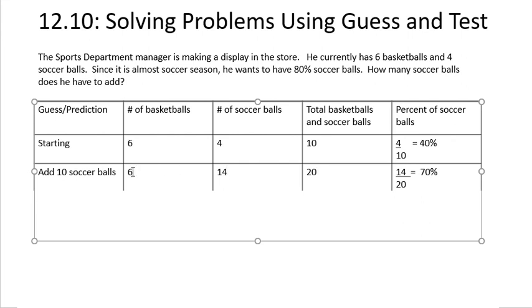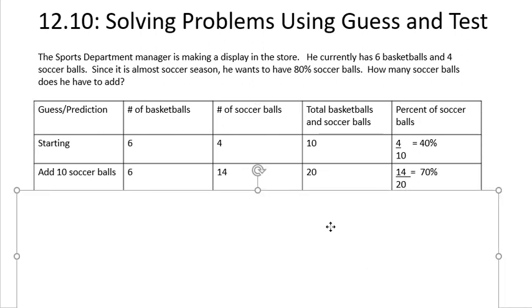I now have 6 basketballs, 14 soccer balls, and 20 total pieces, 6 plus 14. So I'm now going to look at my percentage, and my new numbers would be number of soccer balls, 14, total number of pieces of sports equipment, that's 20. So writing 14 over 20, I could write this in lowest terms as 7 over 10, or I can write it as 70%. So that's my new number, but I'm still not at 80%.